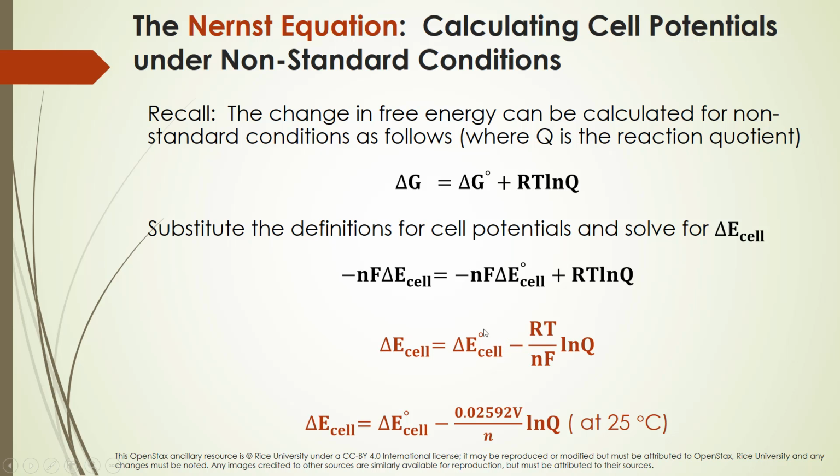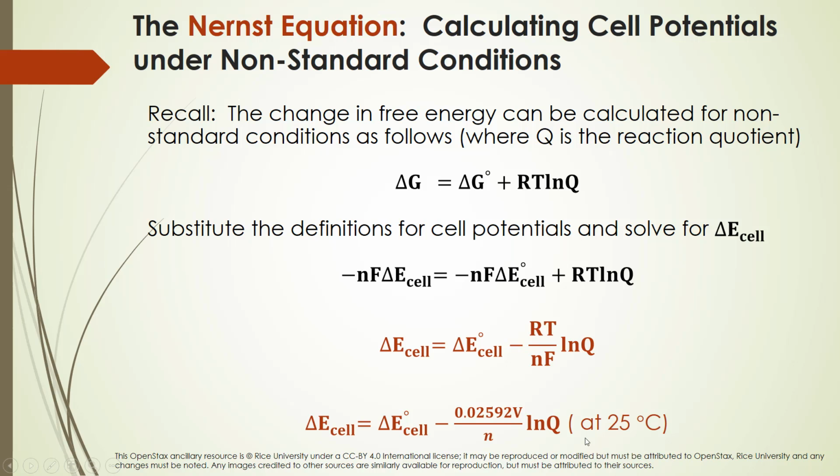That's going to be equal to the cell potential under standard conditions minus, again, this correction term, RT, so temperature in Kelvin, our gas constant, 8.314 joules per mole Kelvin, over Faraday's constant multiplied by n, and remember n is the number of electrons transferred in the balanced reaction, all multiplied by the natural log of Q, which is the reaction quotient.